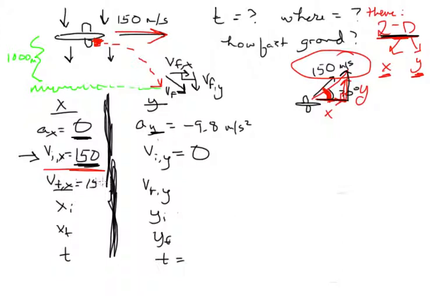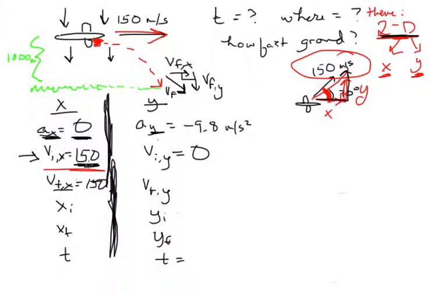It is still 150. Look at that cool trick, right? You just treat x and y separately. So only look at x. I'm starting at 150 in the x direction. I'm changing it by 0. So this is why it's nice to have intuition behind acceleration and all these concepts, frankly.